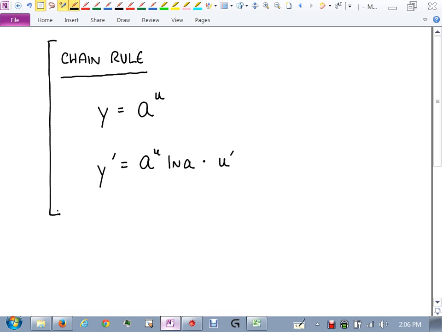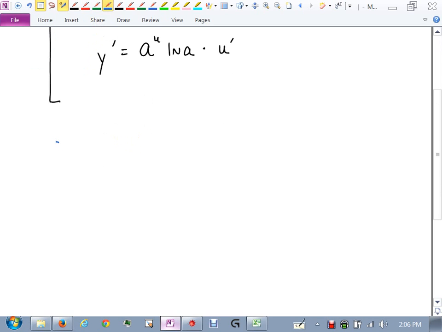But if you have something like the next example, y equals e to the sine x, what you have is composition. You have an exponential function, but up in the exponent is not just x, it's actually another function. So you have a function plugged into a function, that means chain rule.